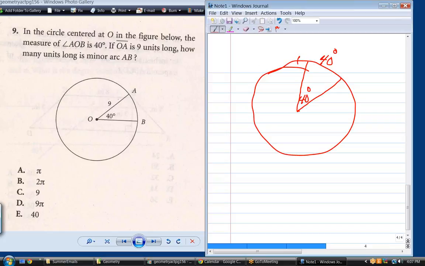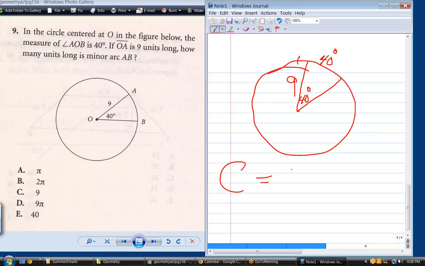Now, if the radius of this circle is 9, what is the circumference of this circle? The entire circumference. 18. Well, what's the general formula for circumference?